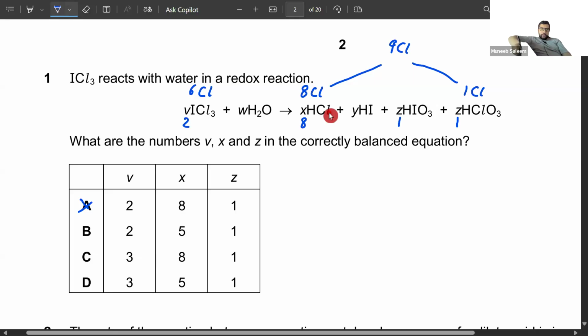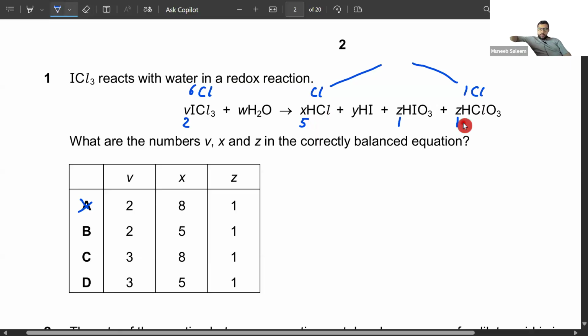Now we check the second combination that says 2, 5, 1. So I will replace the 8 with 5. Now on the left side, chlorine will remain the same, 6 chlorine, but on the product side we will now have 5 chlorine coming from this side, 5 chlorine from this side, and 1 chlorine from this side.